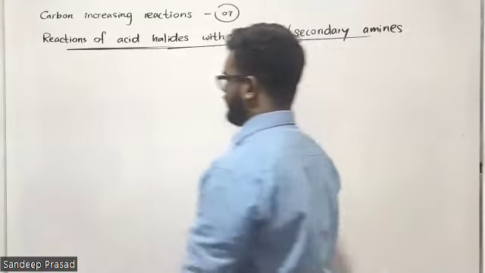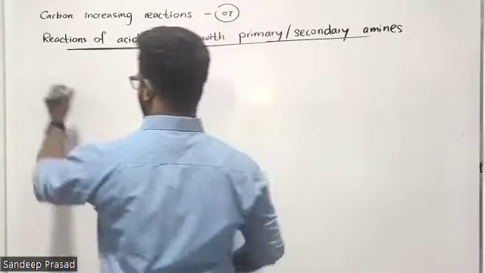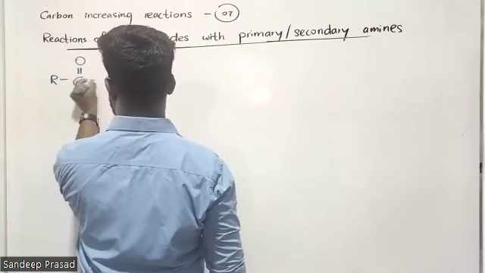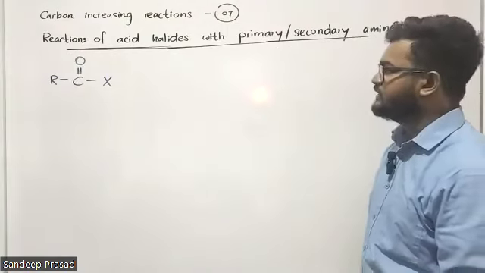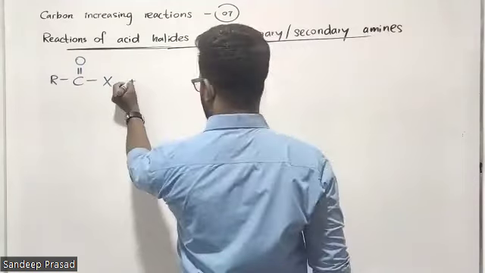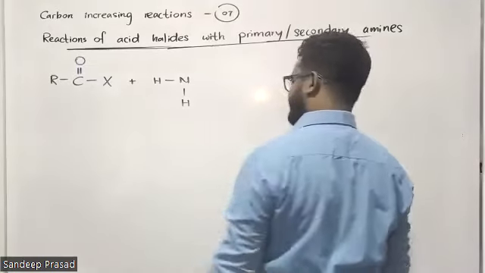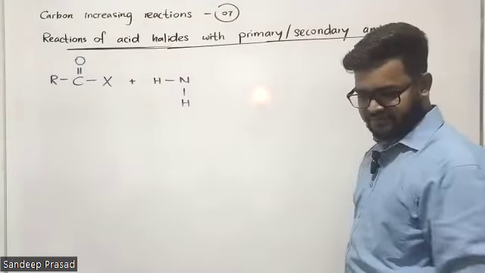Now look at the reaction. Just imagine we have an acid halide like RC double bond O X. This is the common structure for an acid halide. And we are going to add a primary amine here. If it is a primary amine, there are 2 hydrogens connected to the nitrogen atom.